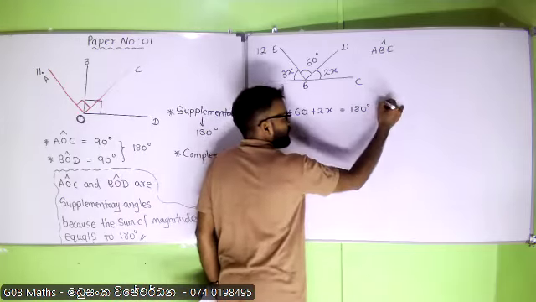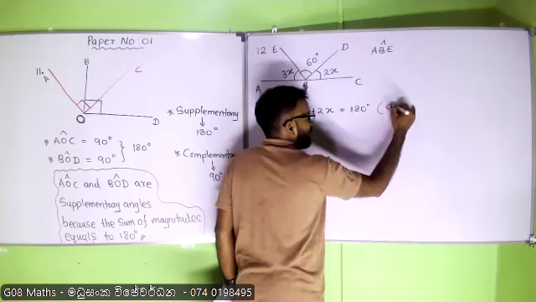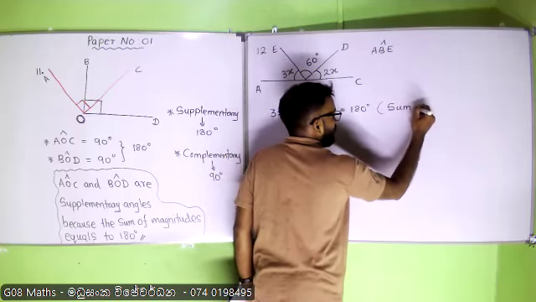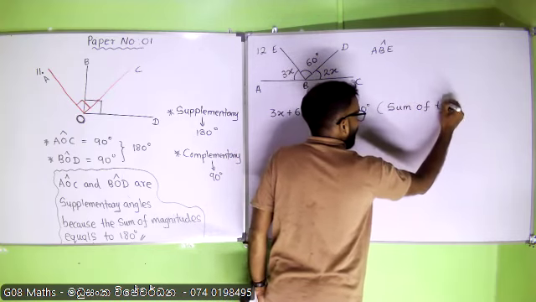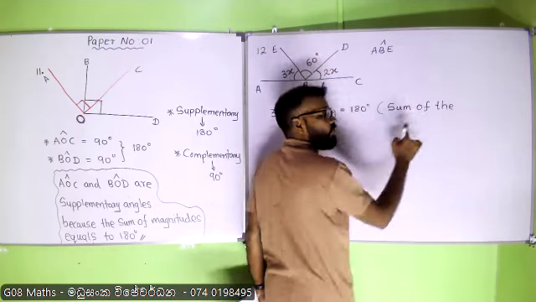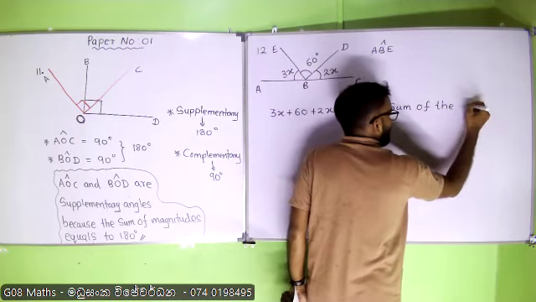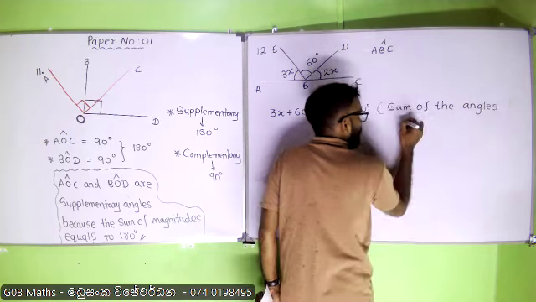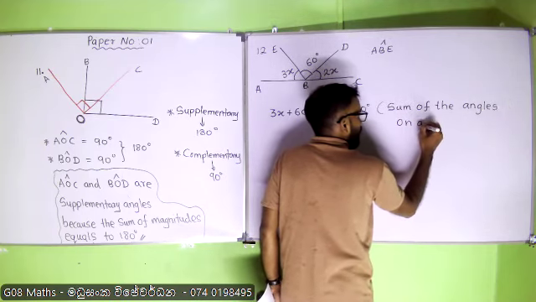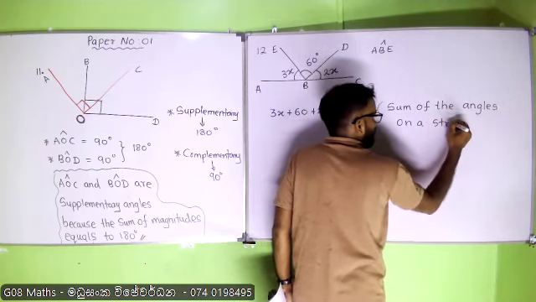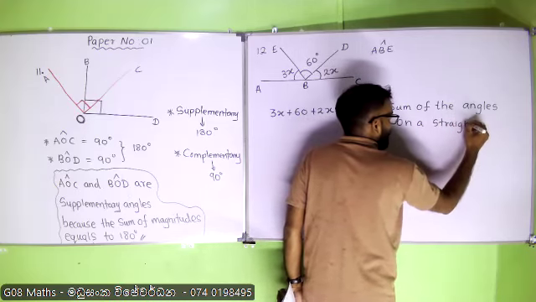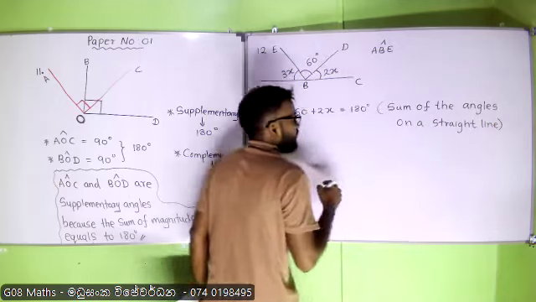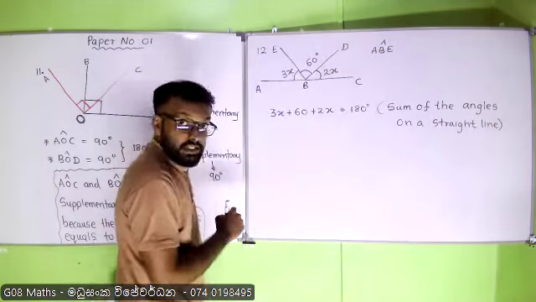Because the reason is, you can write sum of the angles on a straight line. You know that is 180 degrees. That is the reason. You need to write the reason.